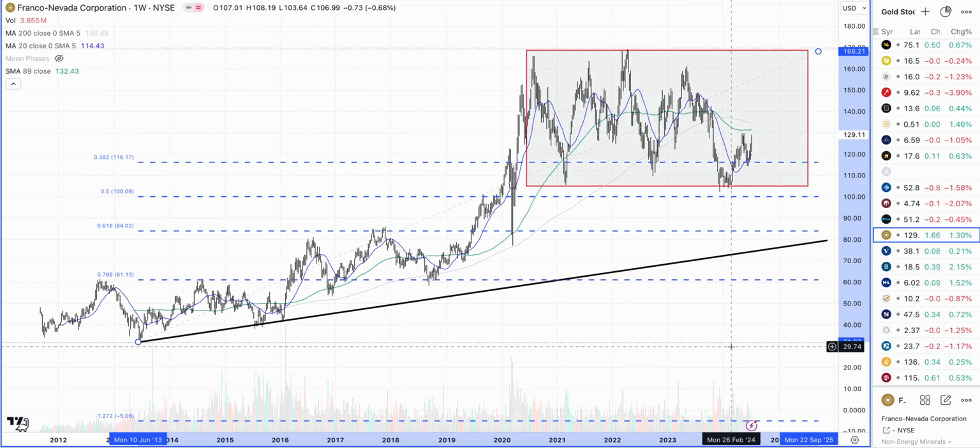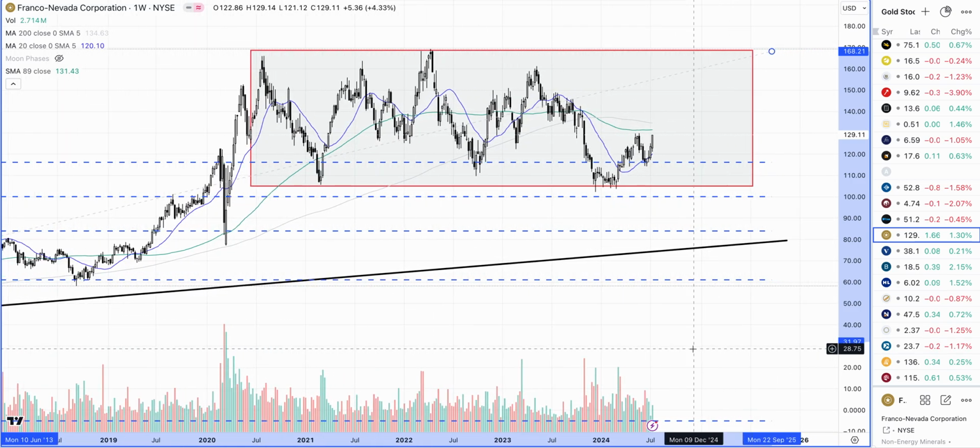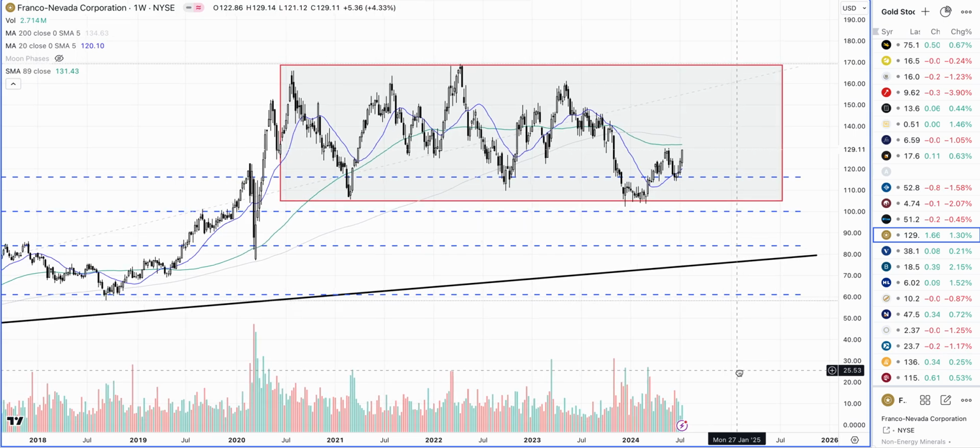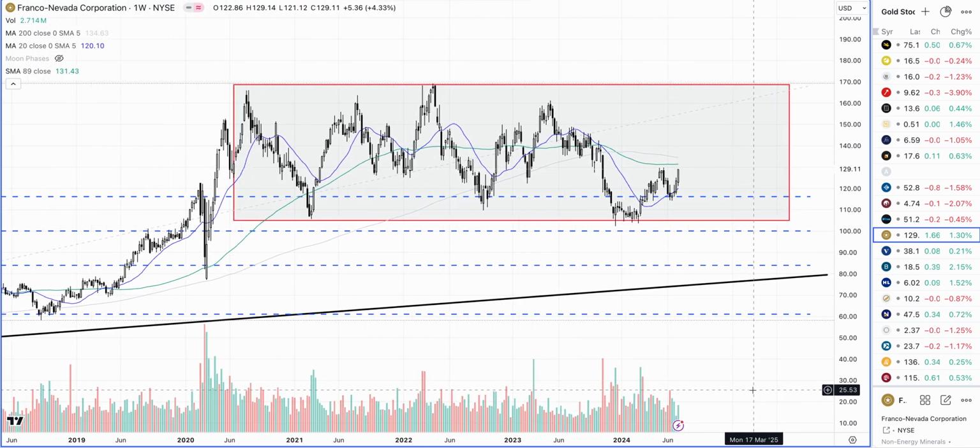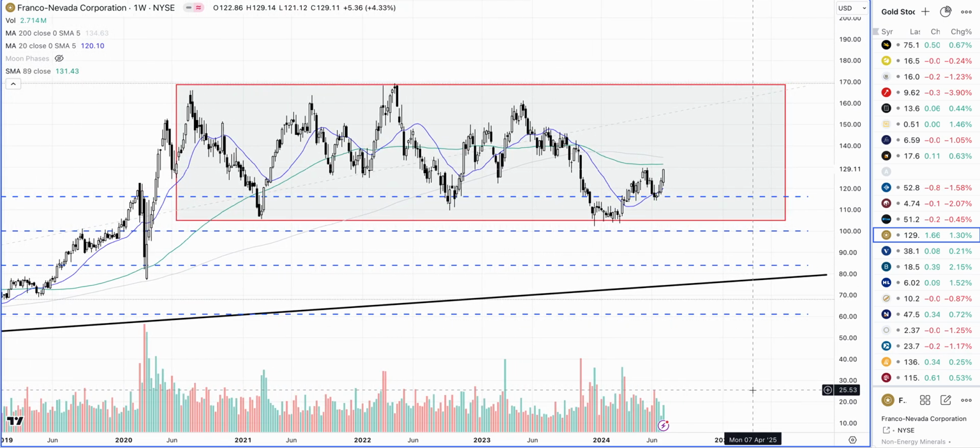So it looks like this one is making an attempt to test the top of the range and maybe eventually break out of it, because as I showed in the two charts at the beginning of the video, if there is going to be money coming into the miners, the royalty stocks should do pretty well, because these are gold royalty stocks. They don't have those operations and the costs associated with those.